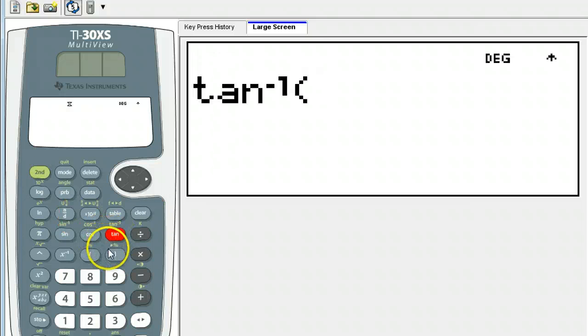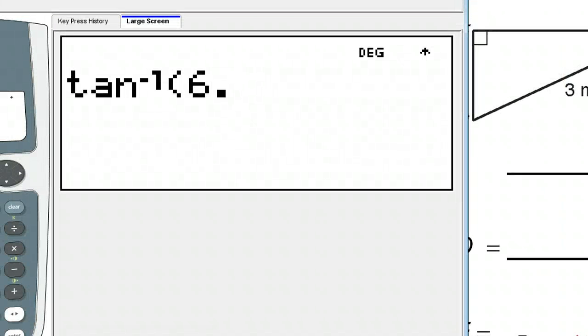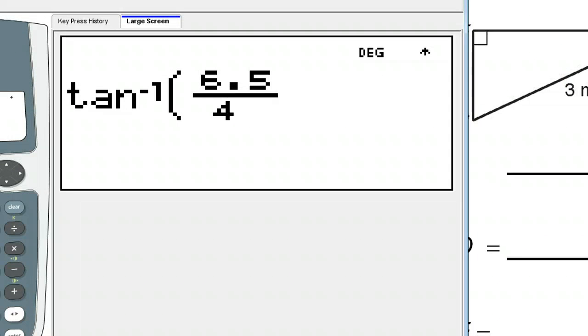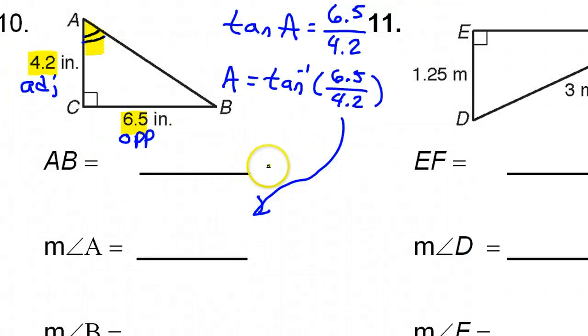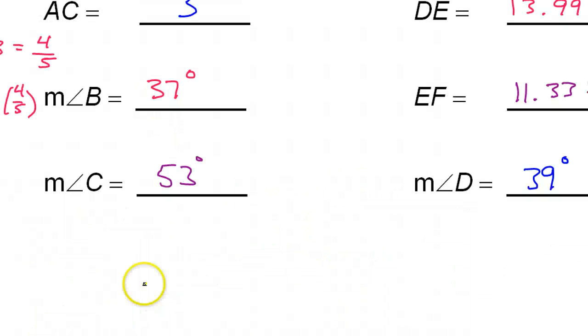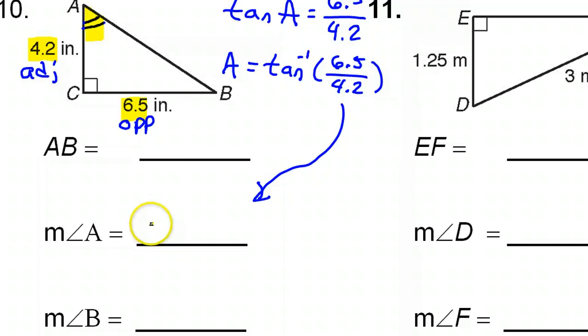Inverse tangent of 6.5 over 4.2. And that is 57.1. I forget what we're supposed to round to. Oh, we're supposed to round to a whole number, so 57 degrees.